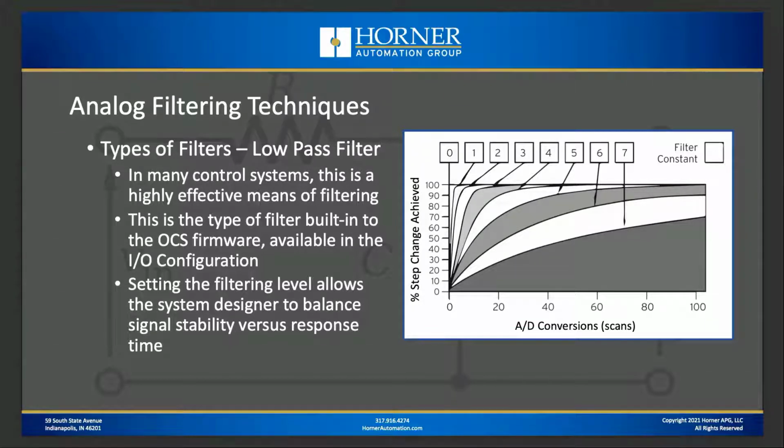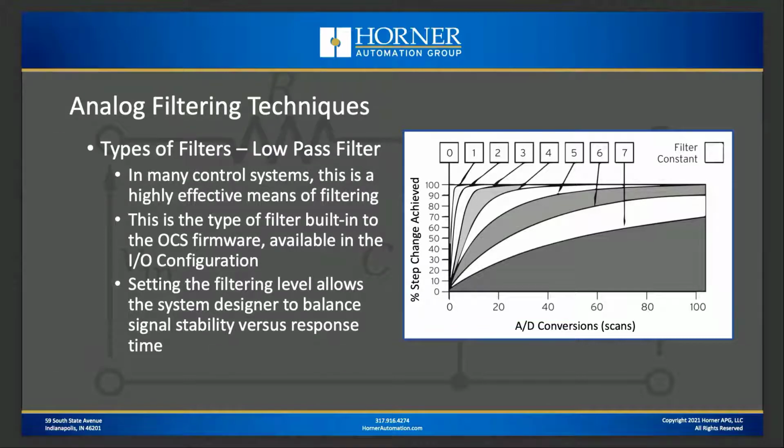If you set that filter constant at 0, it's effectively disabling any filtering, and the OCS firmware will just do the analog to digital conversion of your signal and pass that directly into the AI register. However, if you set the filter constant between 1 and 7, then it's going to perform that level of filtering instead before it writes the AI value.